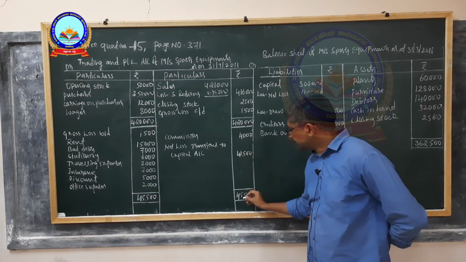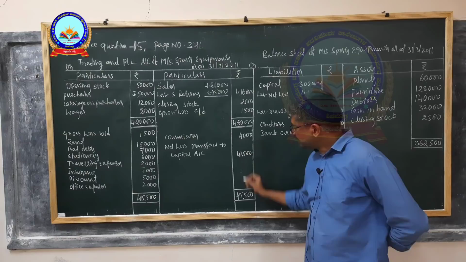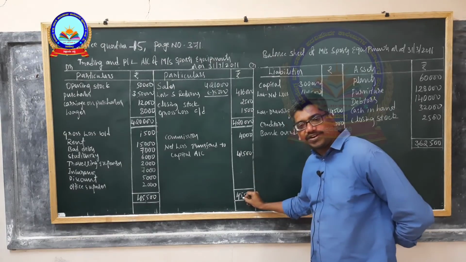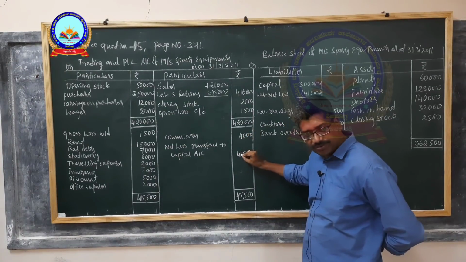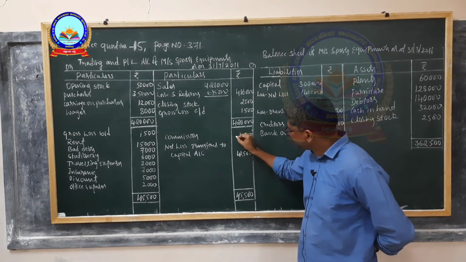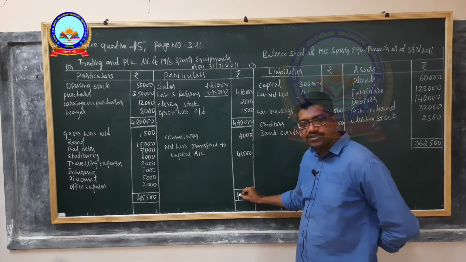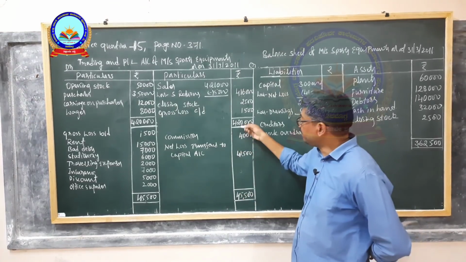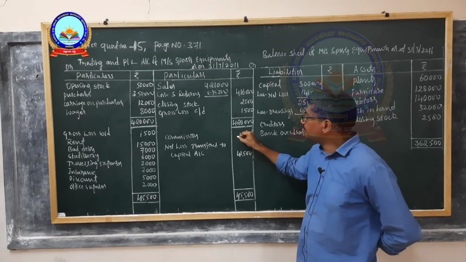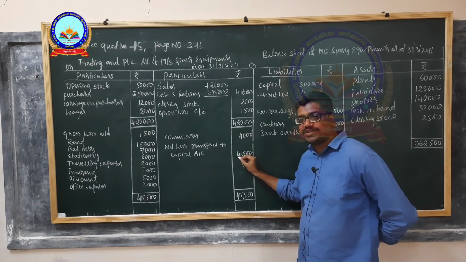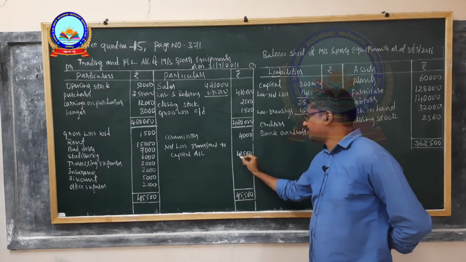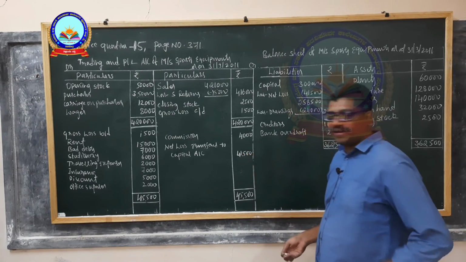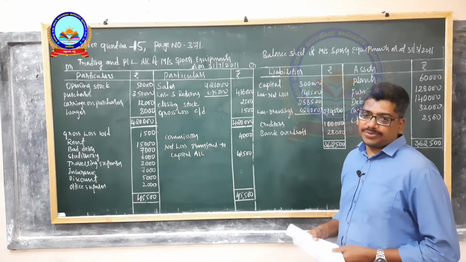Then next, here 4 is there, and here a 5 is there. In order to get a 5, we have to add a 1 for this 4. Then you put a 1 here. Next, here 0 is there, and here 4 is there. In order to get a 4, we have to add 4 to the 0. If you add a 4 to the 0, it will become a 4. So now, 4 is available. So the net loss is 41,500. I hope you understood.